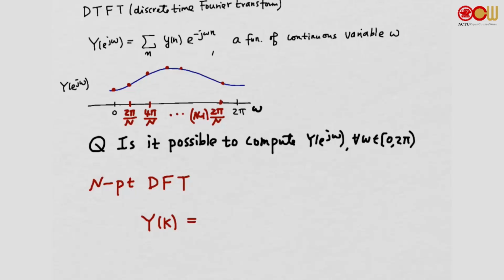That is the samples of the discrete time Fourier transform sampled at 2 pi over N times k, where k goes from 0, 1, to N minus 1.